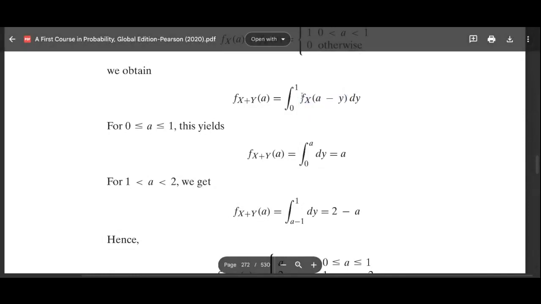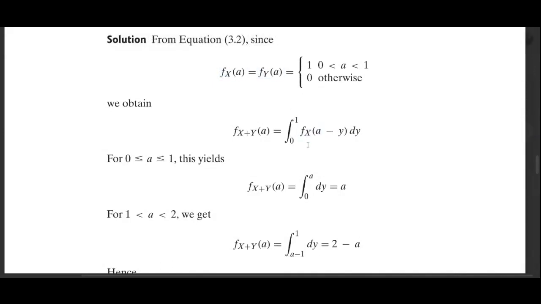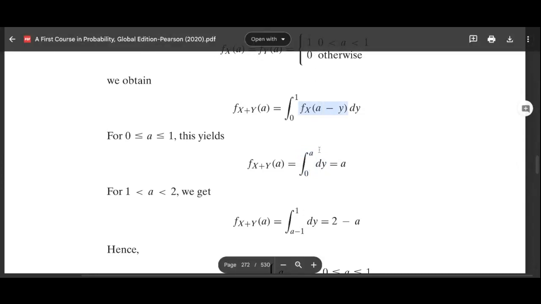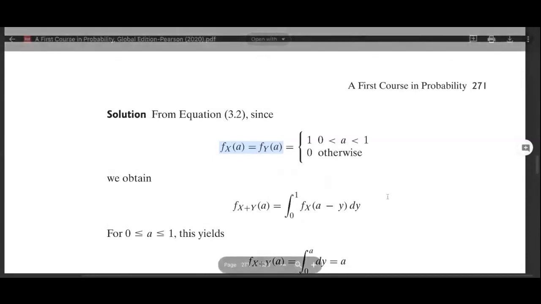Of course, this equals, because the density functions of X and Y are uniformly distributed, each is just 1. Because the density function is uniform, it is 1 over 1. So the density function for this convolution is just a, the identity. It makes sense because both of these density functions are just 1.